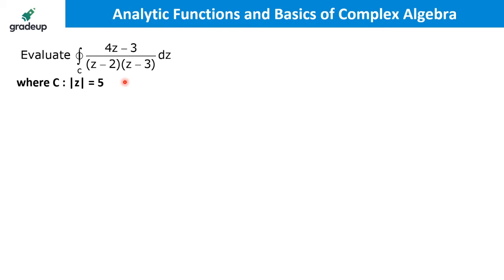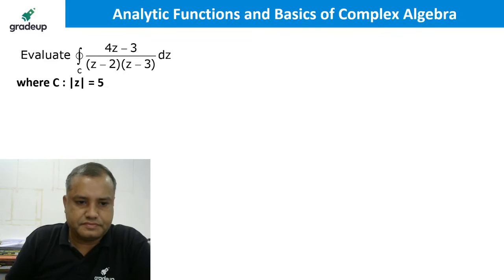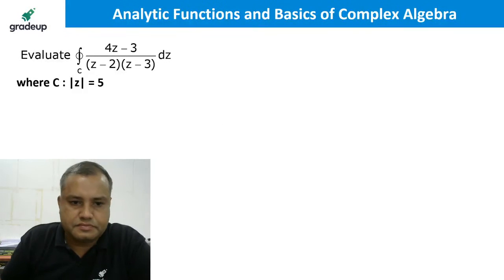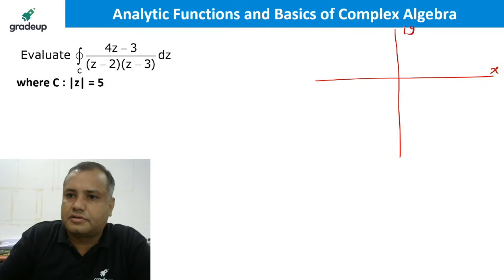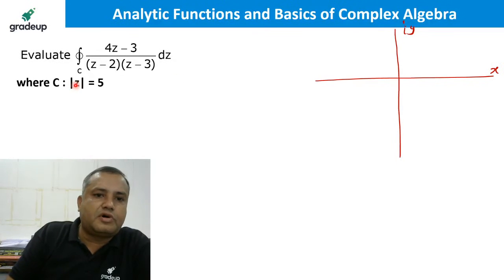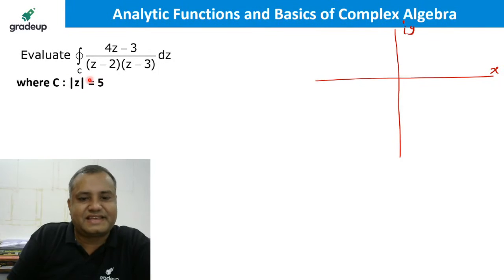Now see here, mod of z equal to 5. Yudhishthir, mod z equal to 5.